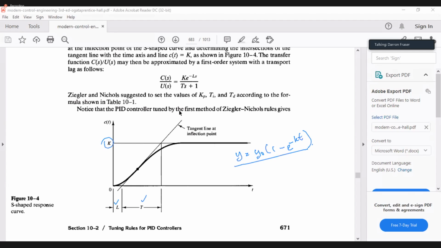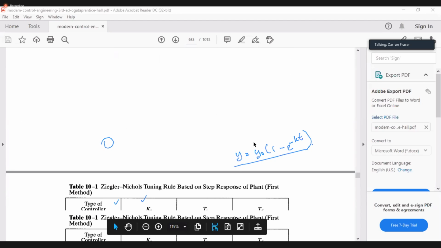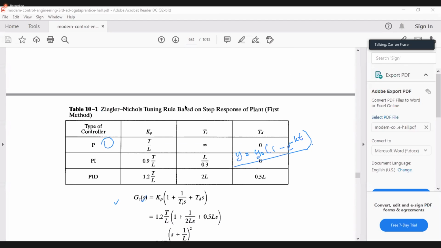If we have it graphically, we can just draw the tangent line and determine L and T and K. However you determine those things, then here are the tuning rules.